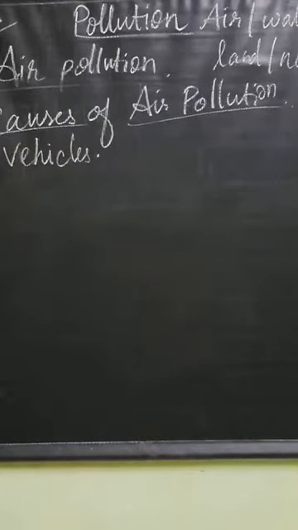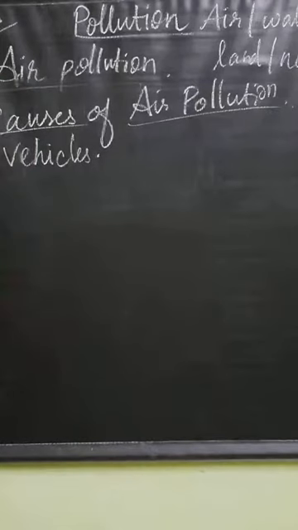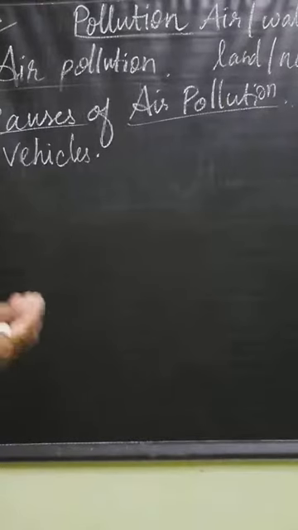Nowadays, almost all houses have more than two, minimum two vehicles at home, two-wheelers. So the plentiful use of vehicles emits smoke, isn't it? It gives out smoke. This smoke mingles with the air and causes air pollution.